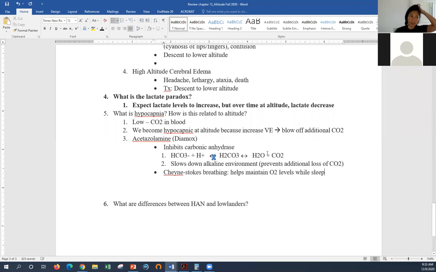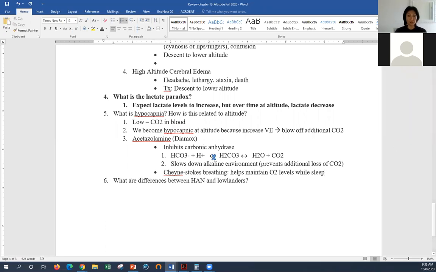helps at altitude. So what are the differences between highlanders and lowlanders? So this is really interesting. So highlanders have a larger proportion or a larger size of the torso compared to the rest of the body. Right. So this means they also have larger heart dimensions.